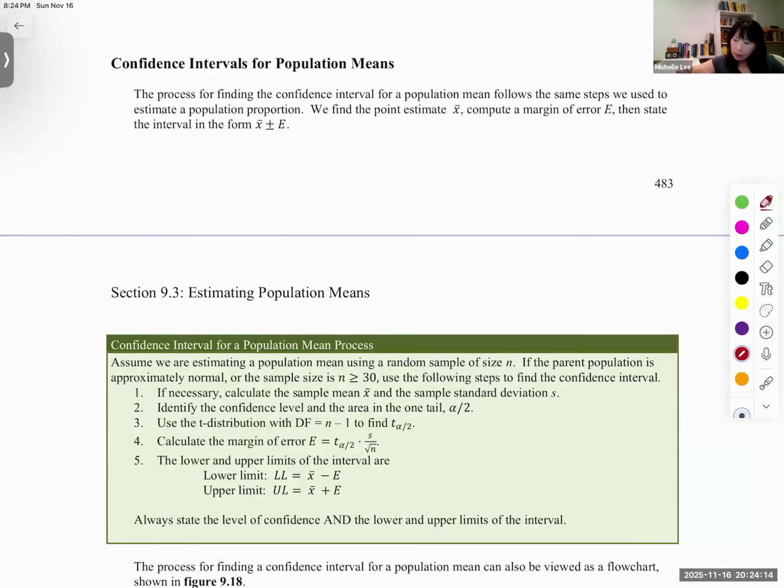All right. So let us do estimating a confidence interval for the population mean. Okay, so this is a process.